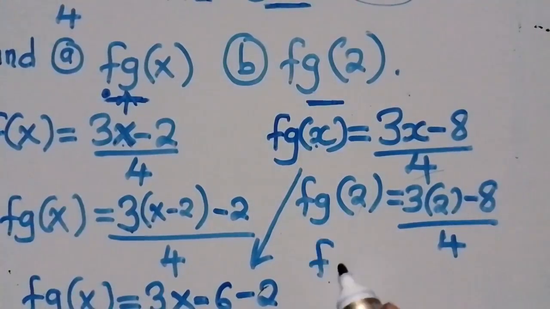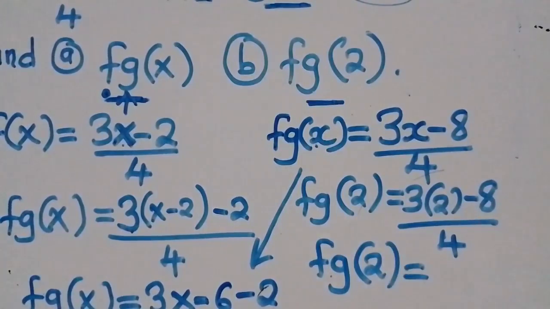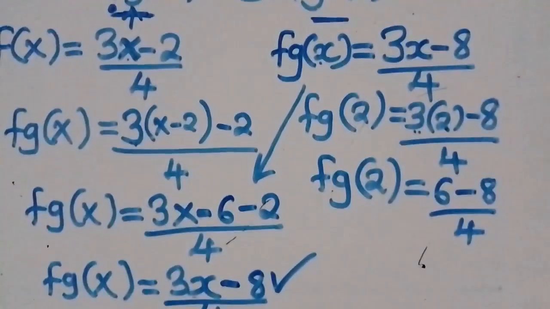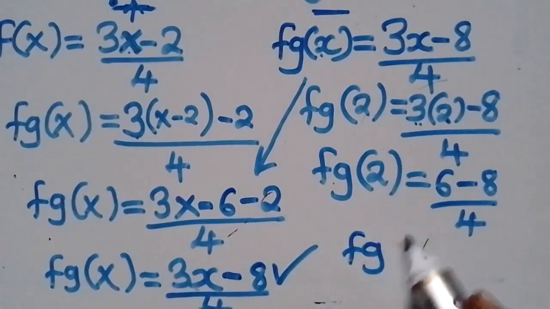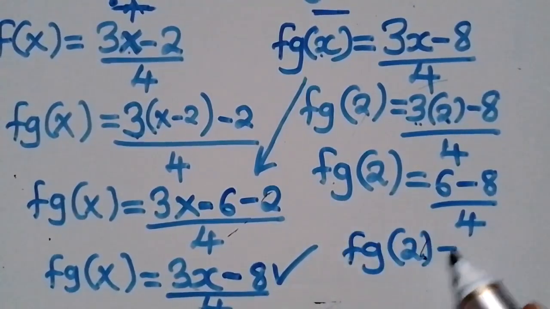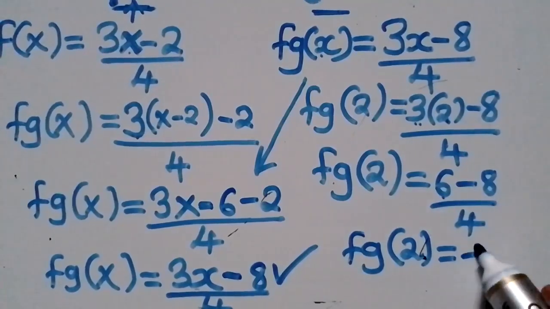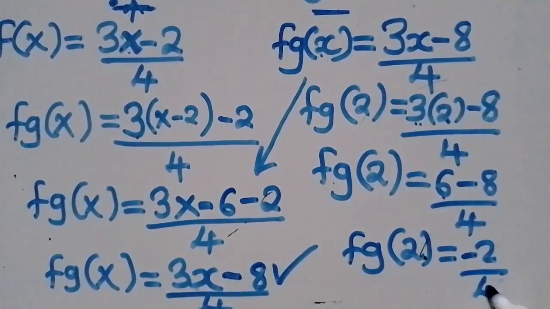Then you say fg of 2 is equal to 3 times 2, 6, so 6 minus 8 over 4. These are procedures that we need to do. Then you just conclude and say fg of 2 is equal to, what is 6 minus 8? Negative 2 over 4.